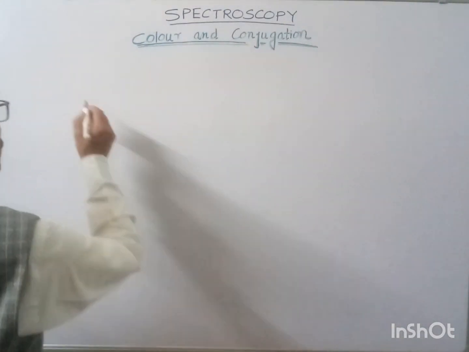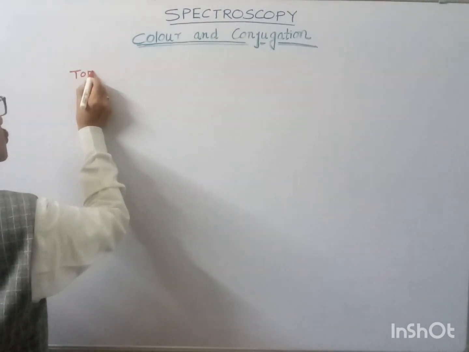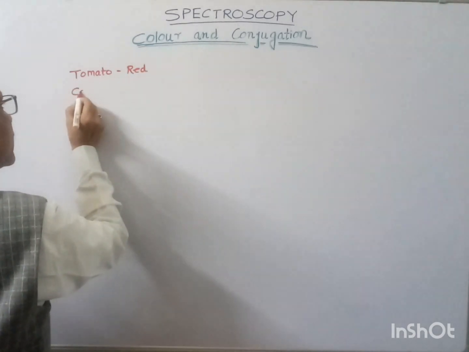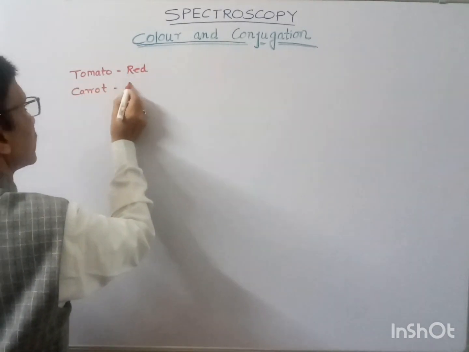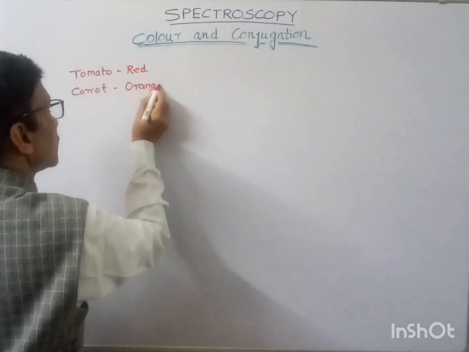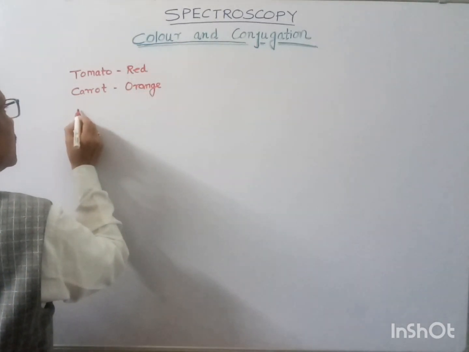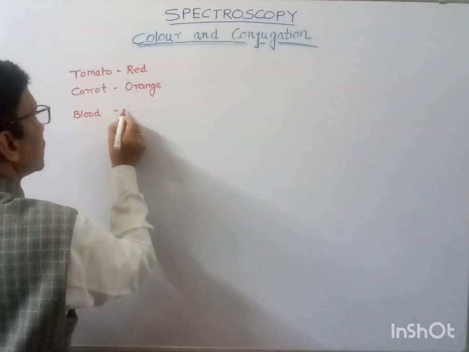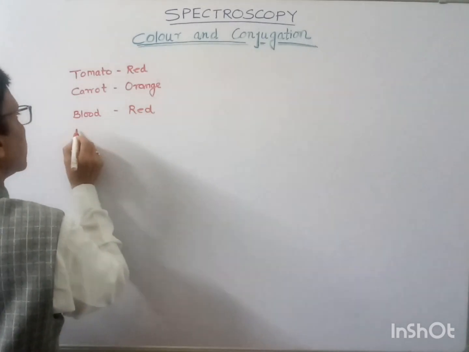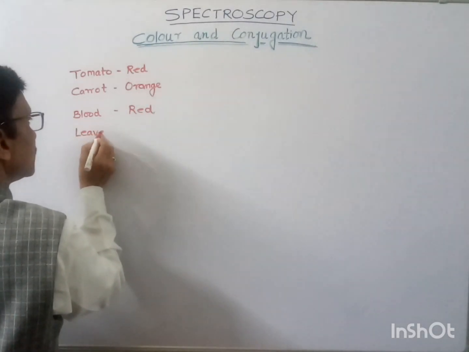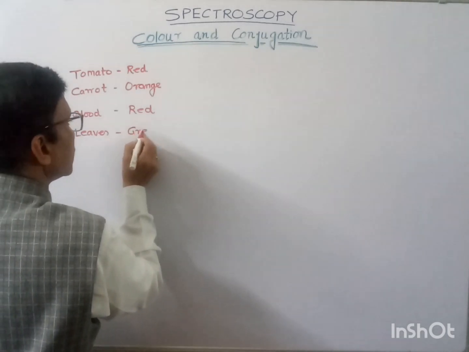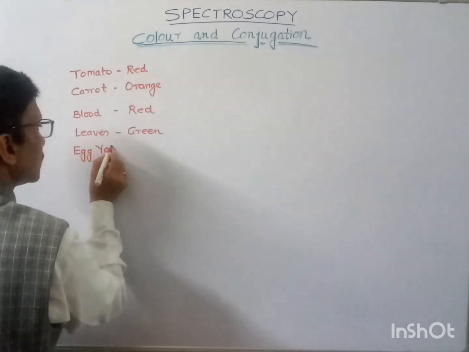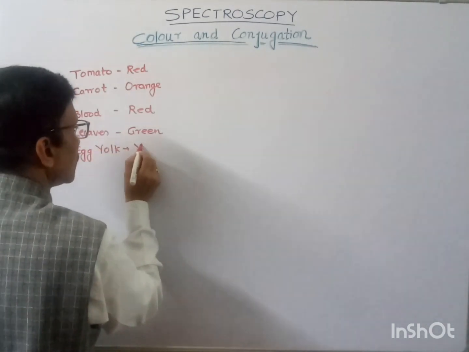Now, this tomato, if you have seen, is red in color, and then carrot, orange or red in color, and blood, which is red in color, and the leaves, which is green in color, and egg yolk, which is yellow in color.